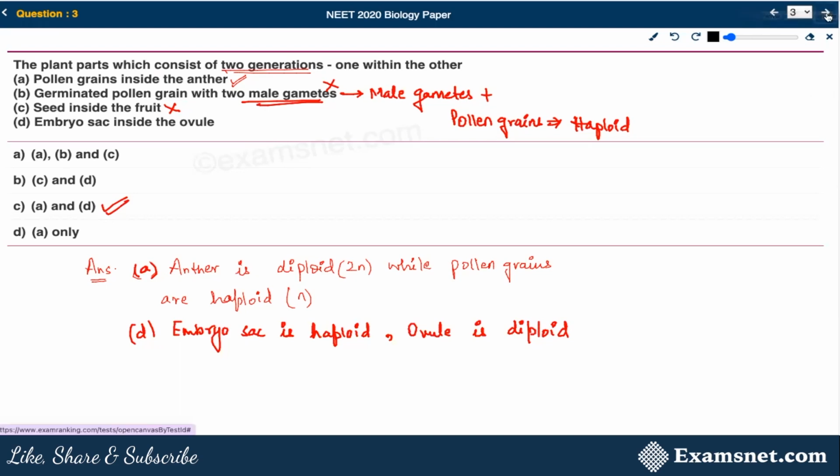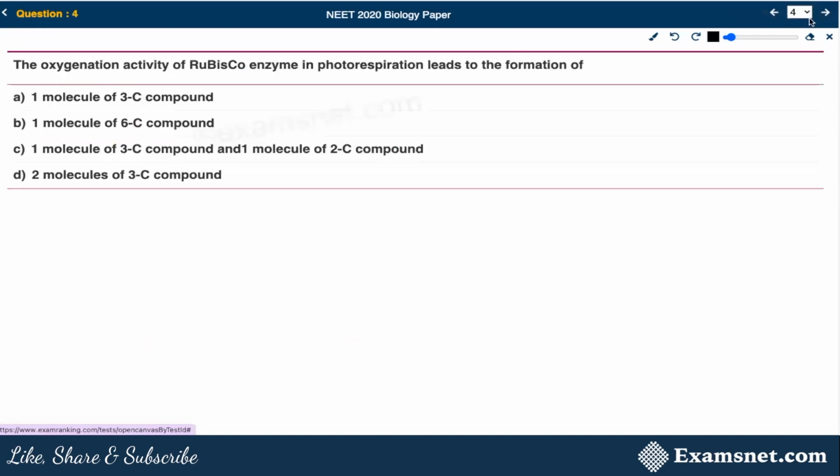All right, now let's move on to the next question, which says that the oxygenation activity of Rubisco enzyme in photorespiration leads to the formation of. See, this Rubisco enzyme is one of the most abundant enzymes in the entire biosphere. We know this fact, and it is used in the C3 cycle or C4 cycle, but here it is asking about photorespiration.